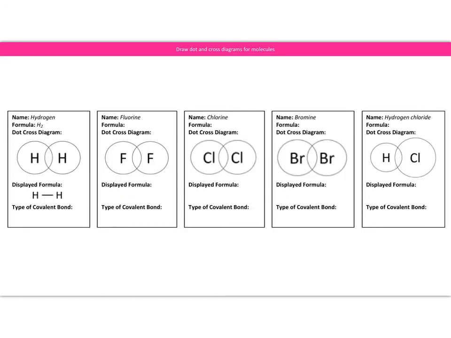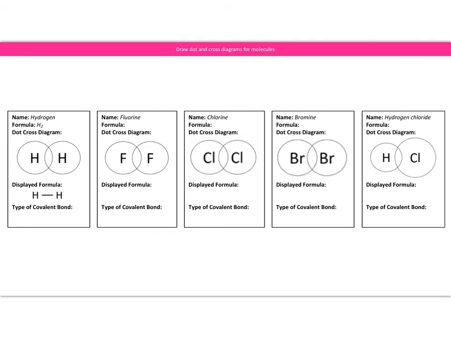Now, in exam papers, they will always give you the atoms with these circles, and those circles are representing the outer shell. And they will do that so that there are overlaps. And for a covalent bond, there will have to be overlaps because that's how we're showing which pairs are being shared.